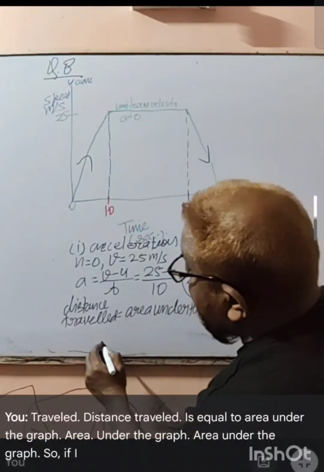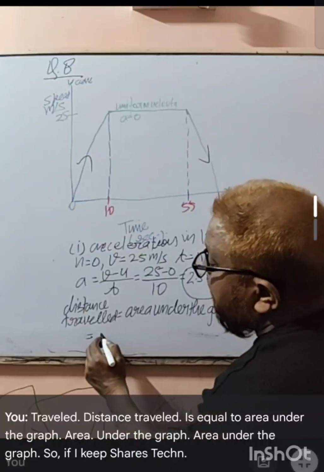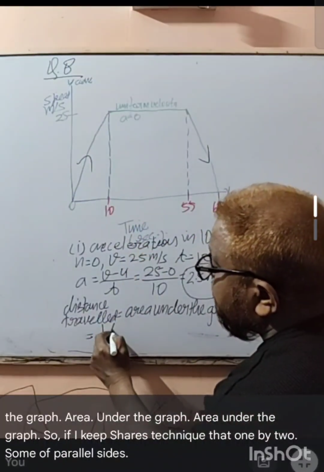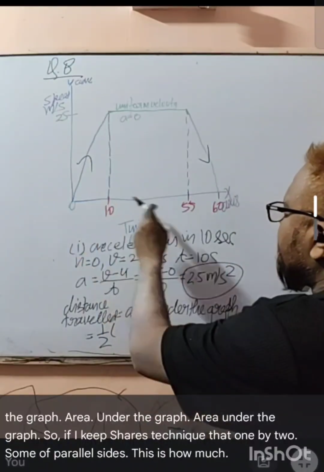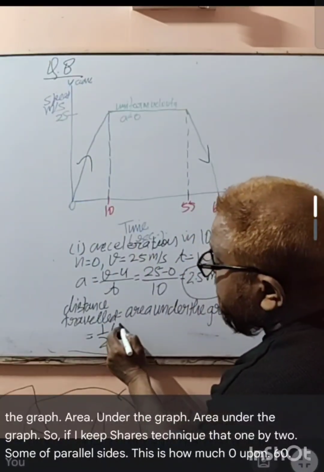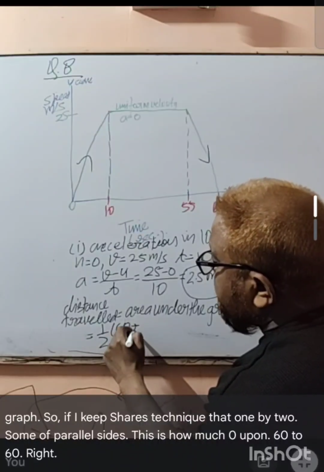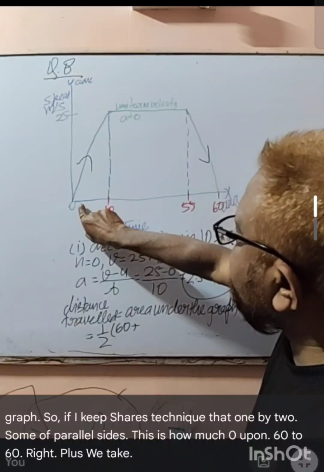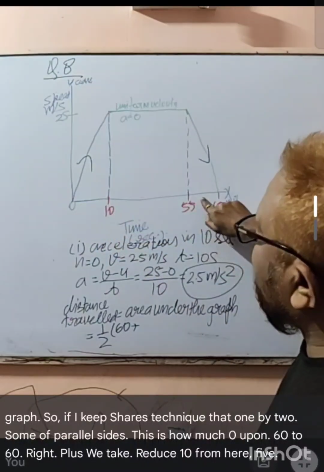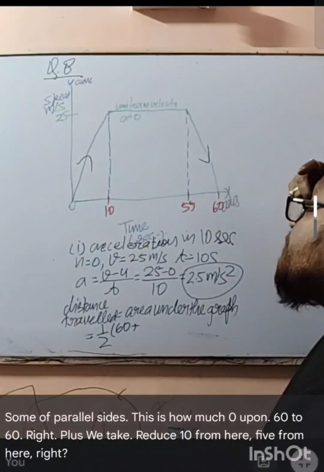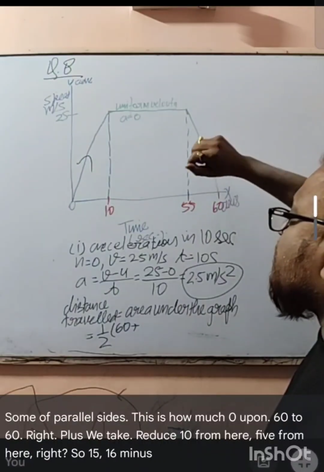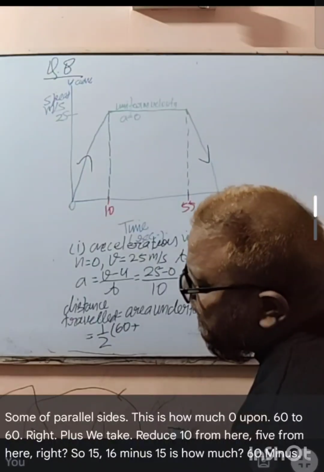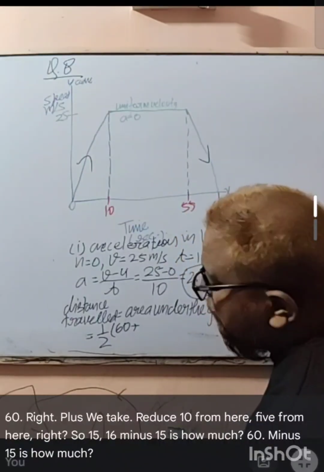So if I keep Shreya's technique, 1 by 2 sum of parallel sides, this is how much? 60, right? Plus, we reduce 10 from here, 5 from here, right? So 15, 60 minus 15 is how much? 45.